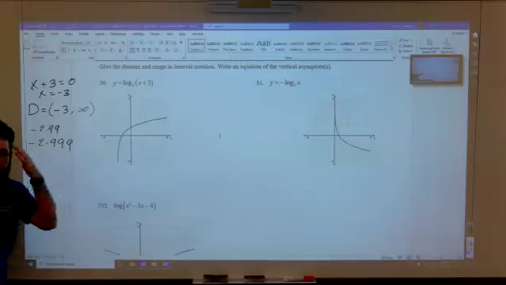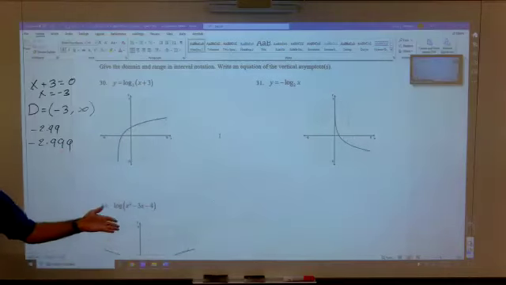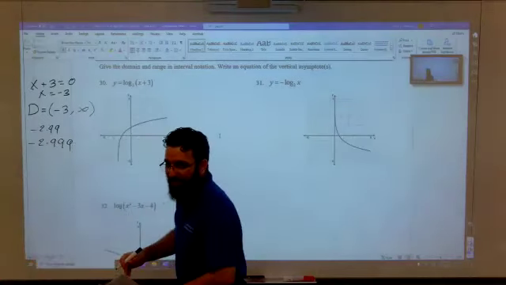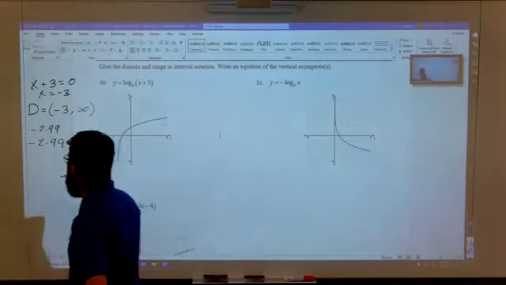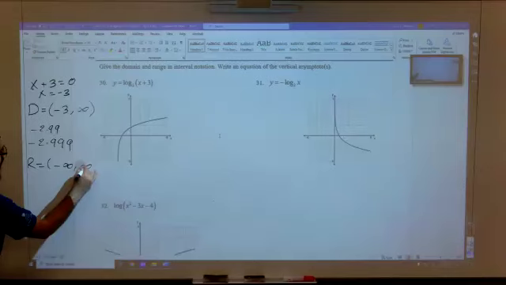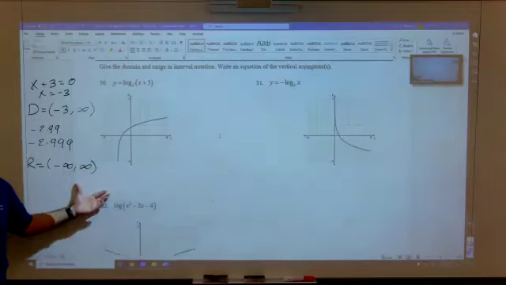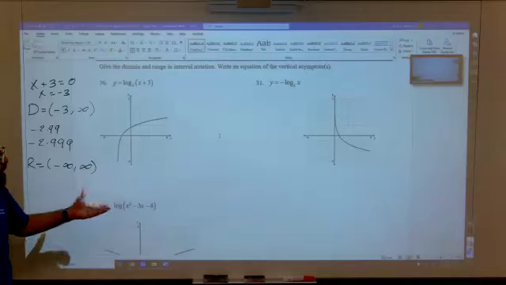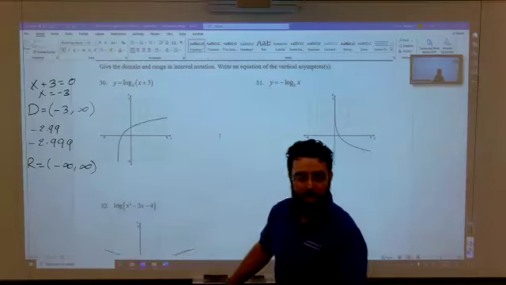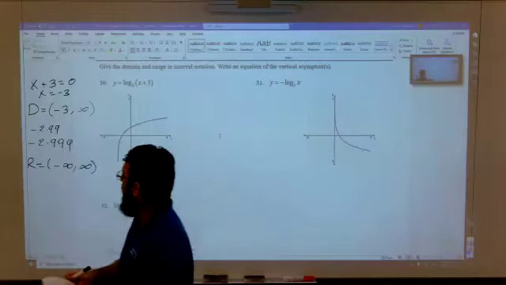They're trying to make it easier, but I need you to think about how to find the range without looking at the graph. You get the idea, or are you still lost? So the range is going to be negative infinity to positive infinity, and kind of always the range is the same. If you look at graph 1 and graph 2, it's always going down. But the main thing here is we need to locate the domain, starting from which point.